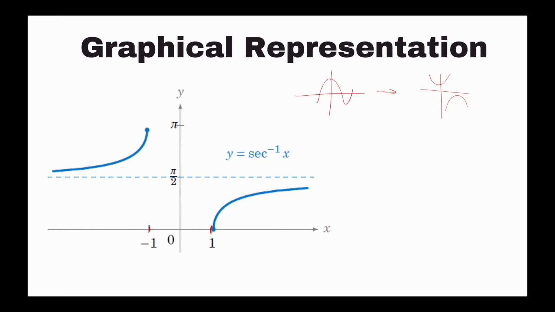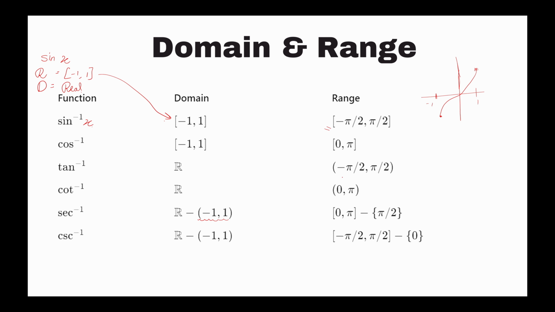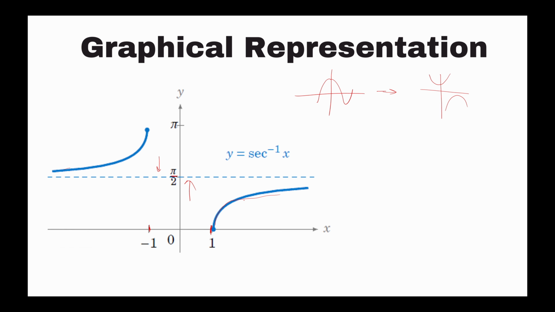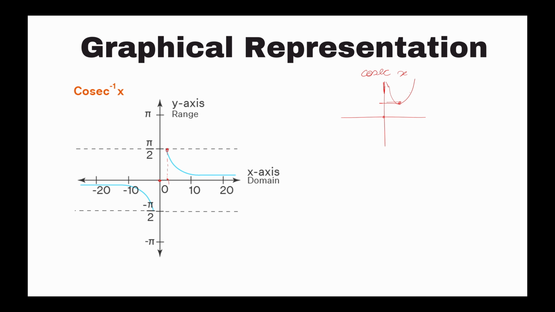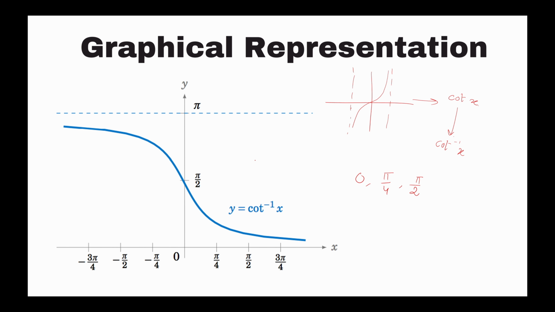And at pi/2, since both the curves are approaching pi/2, whether I approach pi/2 from here, or from here, it is going to be infinity, right? What does it mean? It is not defined at pi/2. That is why we remove pi/2 from its range. Similarly, for cosec inverse x, we remove 0, because you can see at 0 our graph approaches infinity and minus infinity, so it cannot be defined at that value as well.